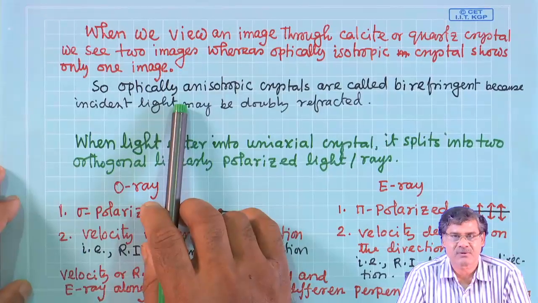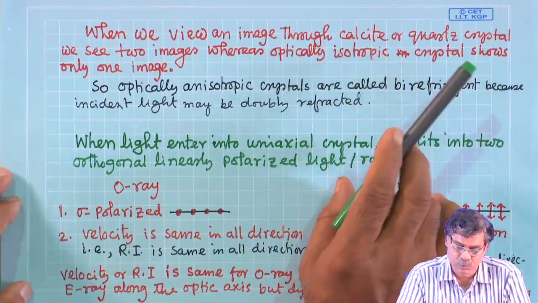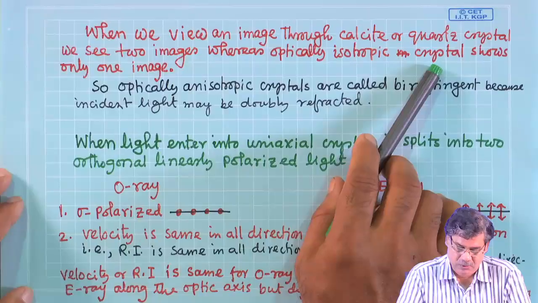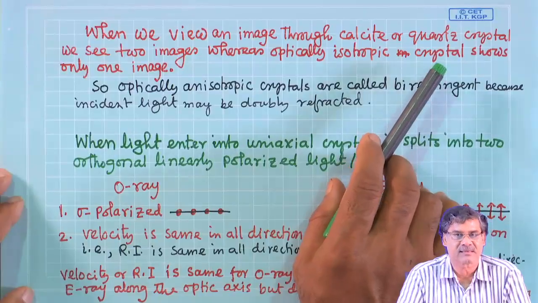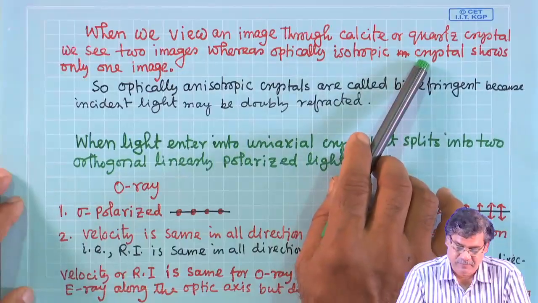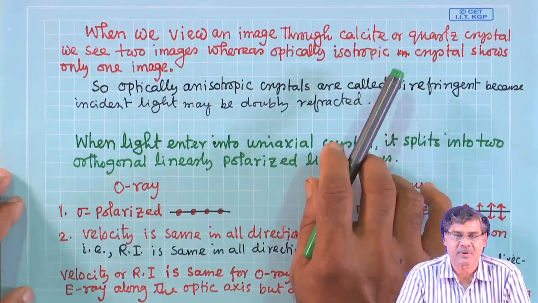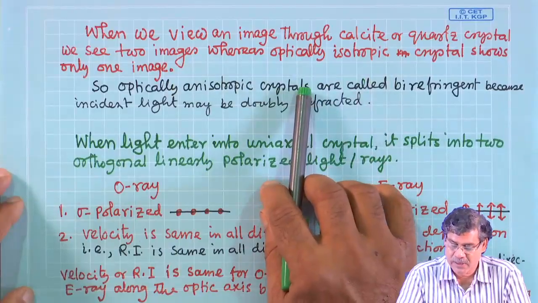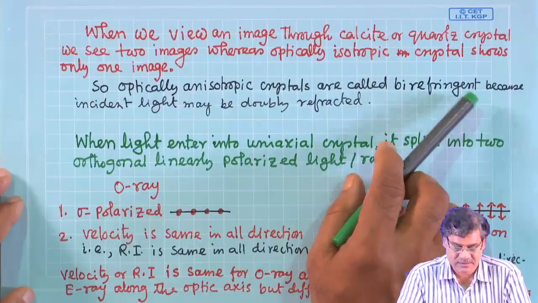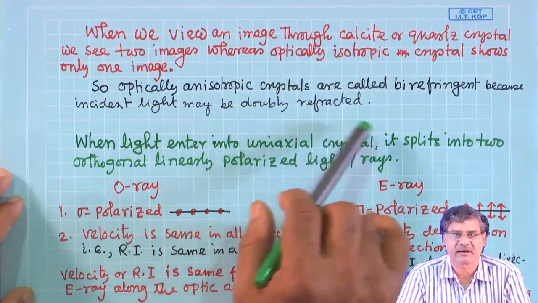So, for one object we see one image, but in calcite crystal or quartz crystal we see two images for a particular one object. So, that means these crystals are anisotropic crystals, and that is why we call them birefringent, because the incident light may be doubly refracted.